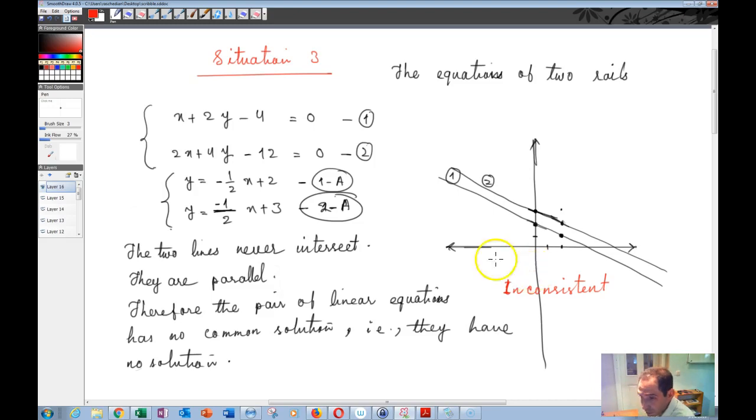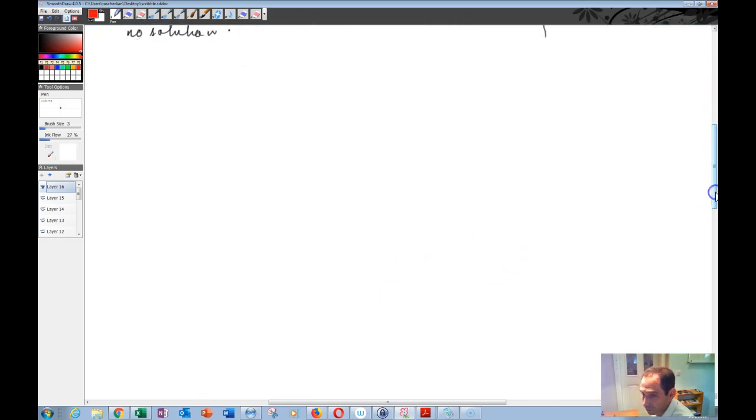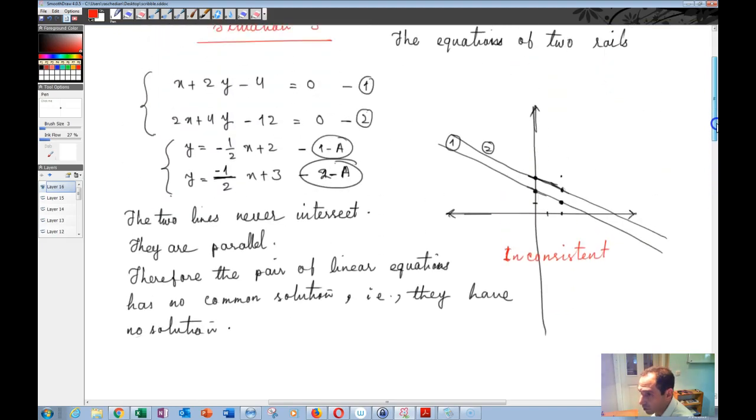Now, in each of these situations, you have something like, for example, a1 times x plus b1 times y plus c1 is equal to 0, and then you have another equation as well, which is a2 times x plus b2 times y plus c2 is equal to 0.